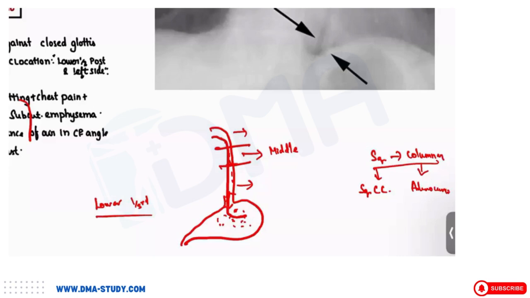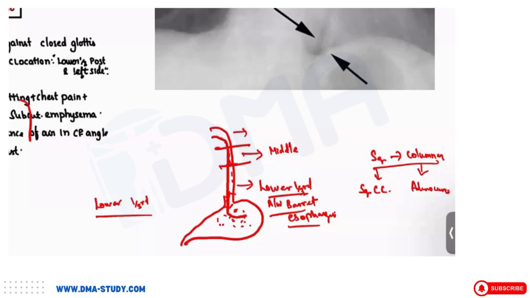Now, if they ask you specifically, what is the most common cancer in the lower 1/3 associated with Barrett esophagus? What could be the cancer? What is the change happening in Barrett esophagus?